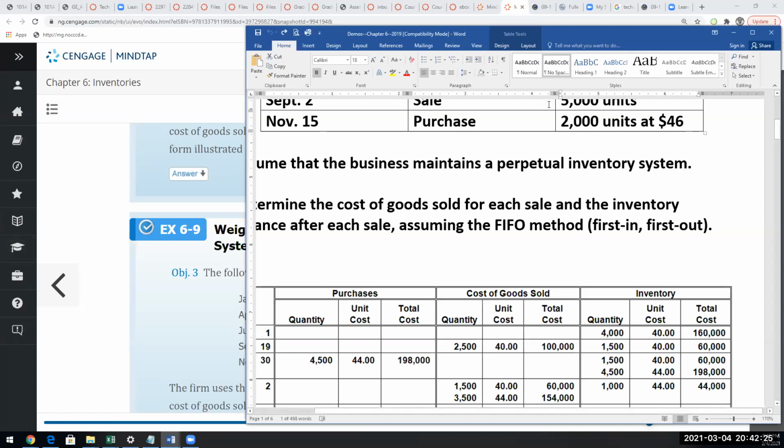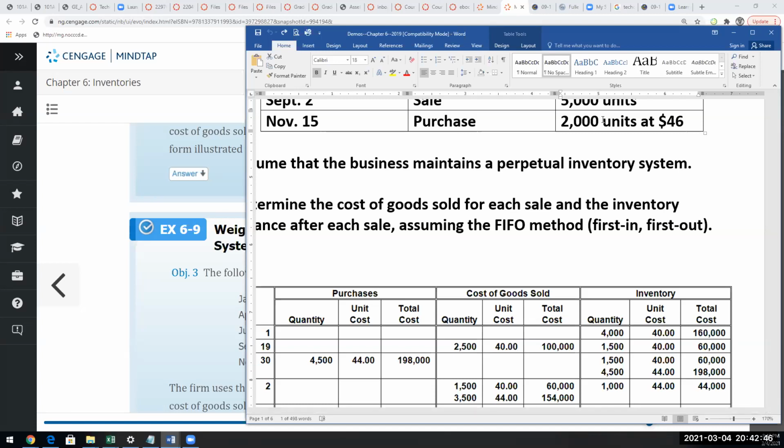Okay, so we just made the sale of 5,000. You can barely see it up here on the top. So now we're going to buy another 2,000. Now, according to my finger math, if I had 1,000 left over from the earlier transactions and I buy 2,000 more, I think I got 3,000 total left of inventory.